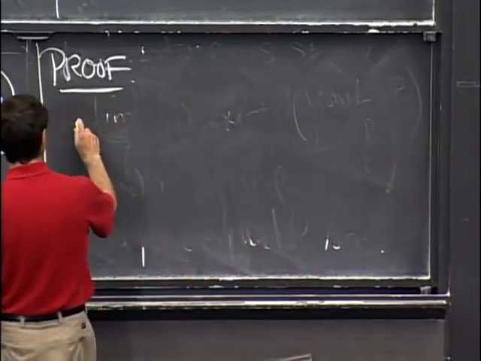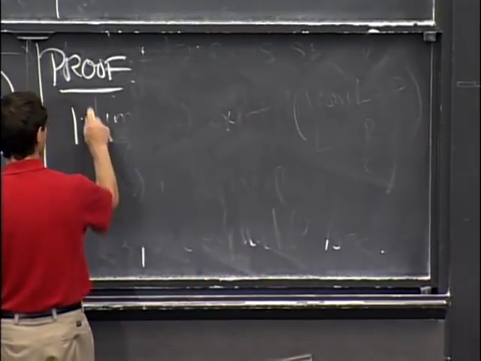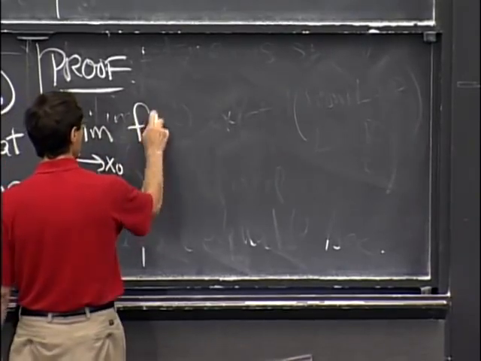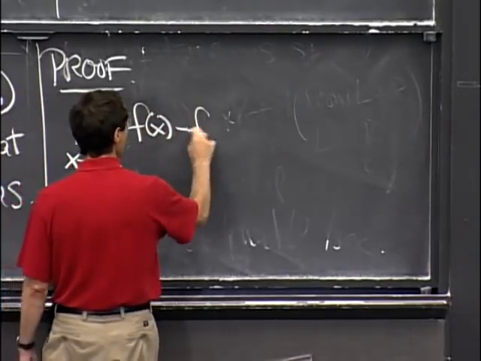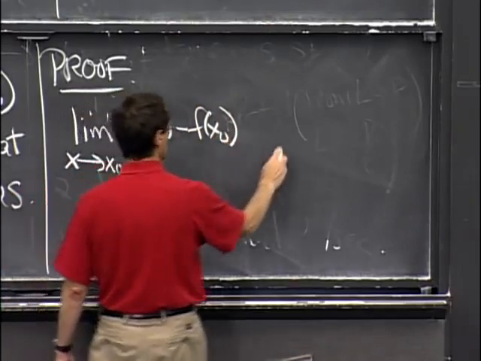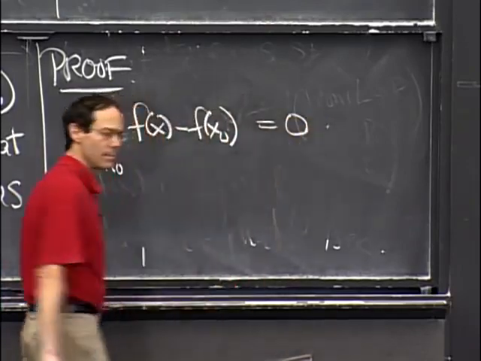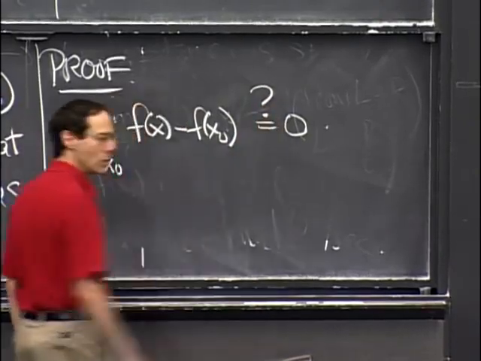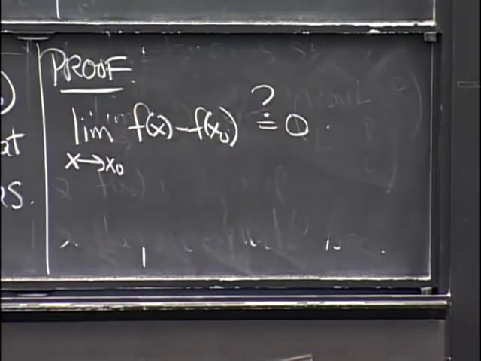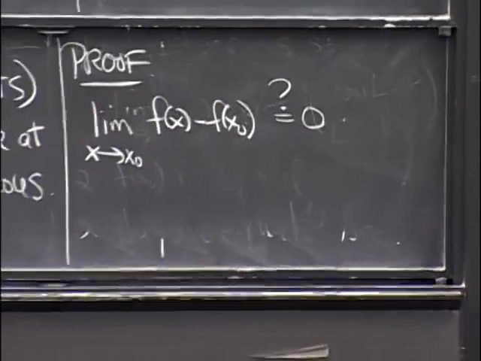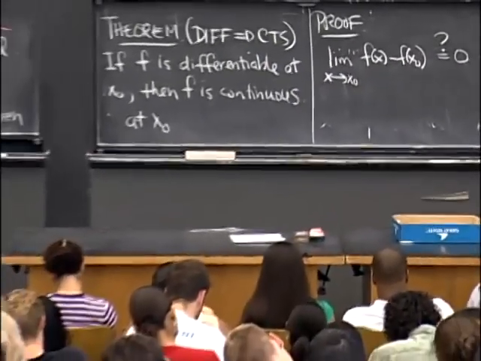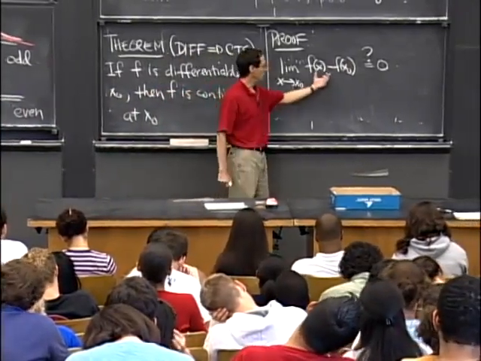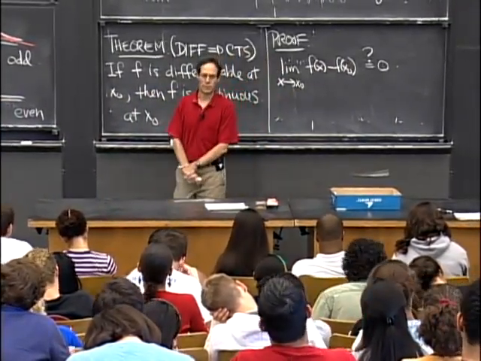So what we have to check is that the limit as x goes to x0 of f of x minus f of x0 is equal to 0. So this is what we want to know. We don't know it yet, but we're trying to check whether this is true or not. That's the same as the statement that the function is continuous, because the limit of f of x is supposed to be f of x0. And so this difference should have limit 0.